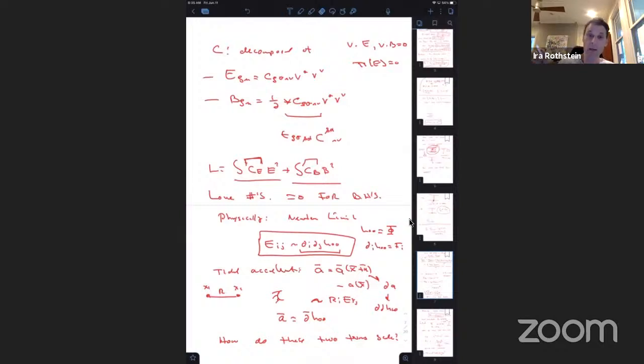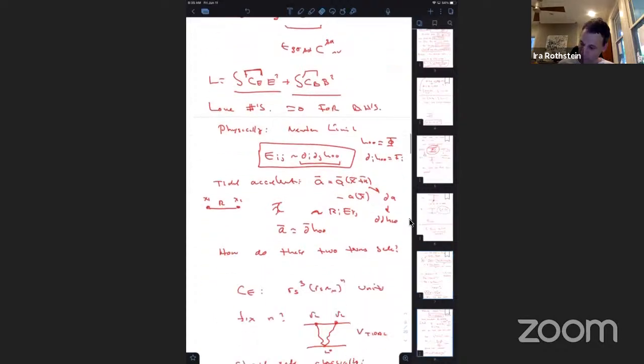Whereas here, R mu nu rho sigma is written in terms of C plus other stuff, which vanishes on shell. So the analog would be F mu nu is equal to a piece that goes like E and a piece that goes like B, plus stuff that vanishes by Maxwell's equations. But you can directly write F mu nu in terms of E and B without anything else. Okay, thank you.